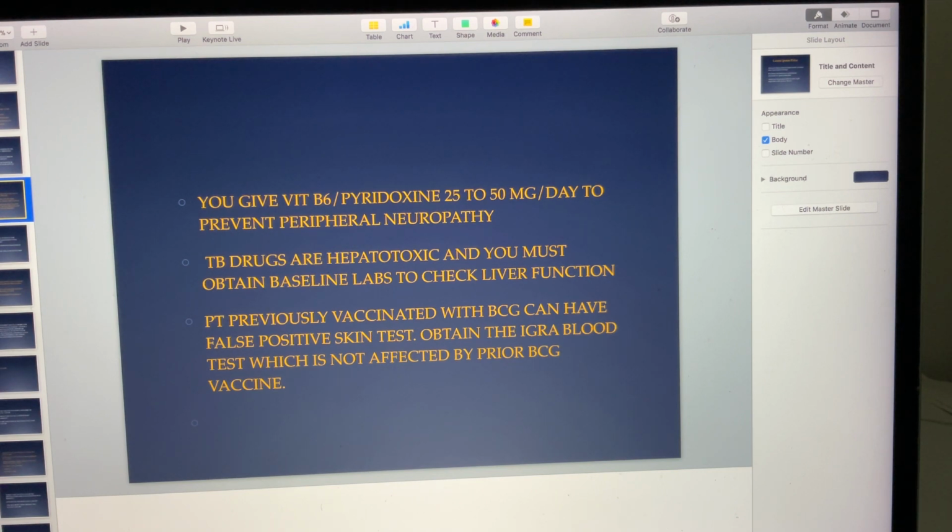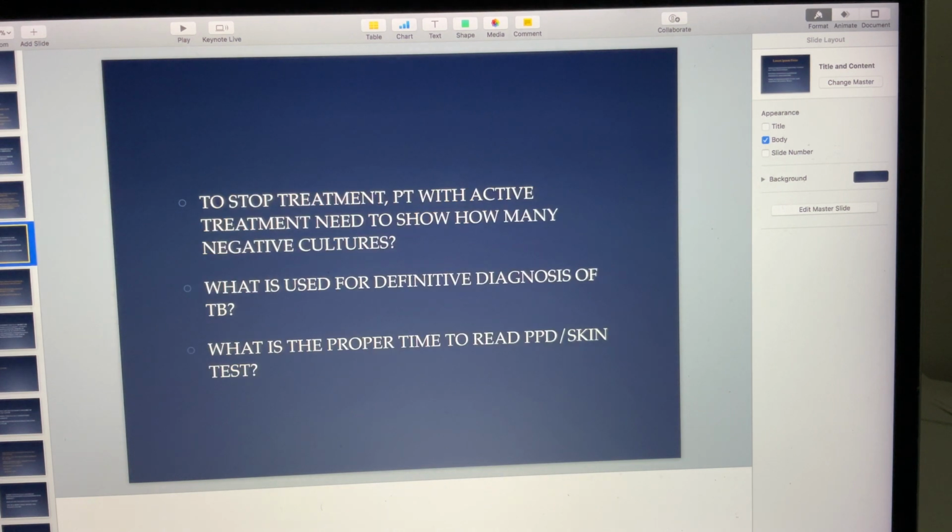Now, how do you tell if this person is reacting to the BCG vaccine or if they actually have TB? You do a blood test known as IGRA, because the IGRA blood test is not affected by prior BCG vaccination. Next question, to stop treatment.